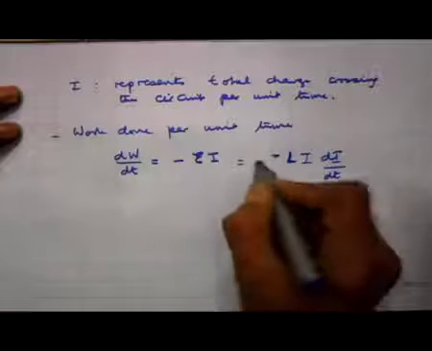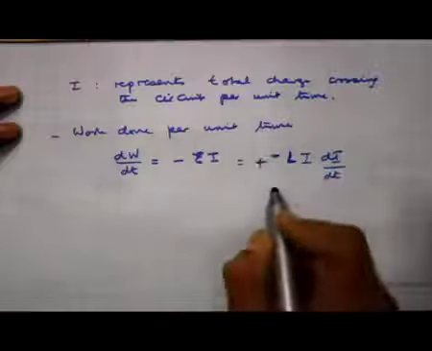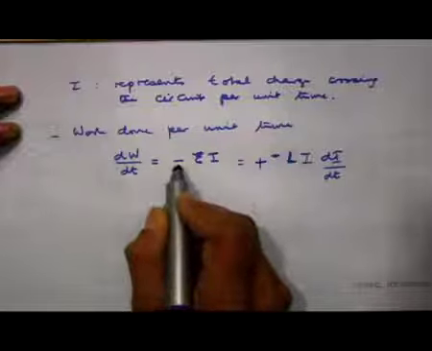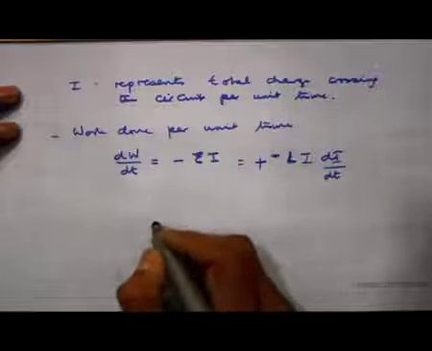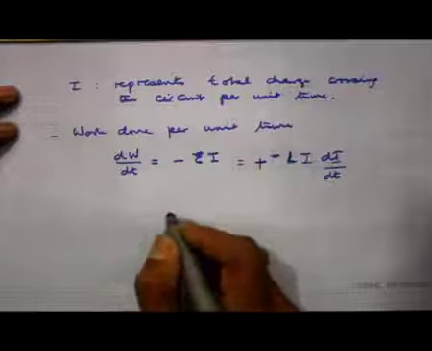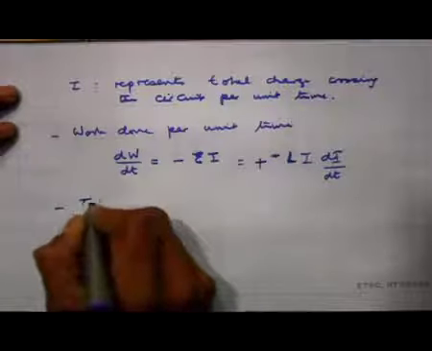E is minus L dI by dt, and with a minus sign here it becomes plus L I dI by dt.